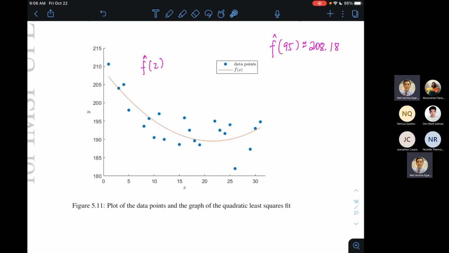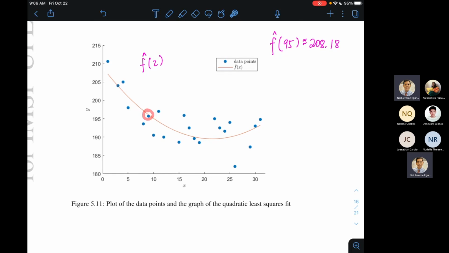So, ibig sabihin, tinitingnan natin ano on the average yung error. Because here, for instance, at this data point here, siguradong mas maliit sa 1.81% yung error. So, yung sinabi natin na relative error on the average siya. On the average, sa bawat point, ang error ay 1.81%. Not everywhere, but that is the average for relative error. Okay?